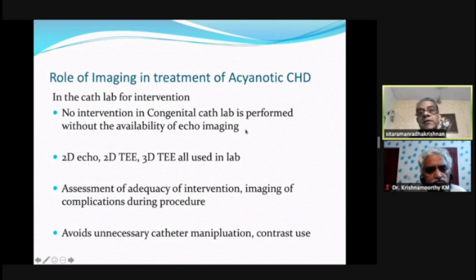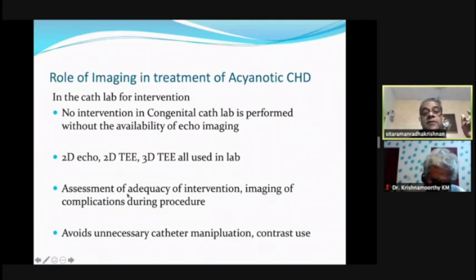Whatever be the lesions where we are intervening, we use 2D echo most commonly, TE in some group of patients, like I mentioned in atrial septal defect, 3D echo, especially in complex lesions. For example, if you have multiple ASDs and you need to close them, then of course 3D echo is indispensable, and should all be available in the lab.